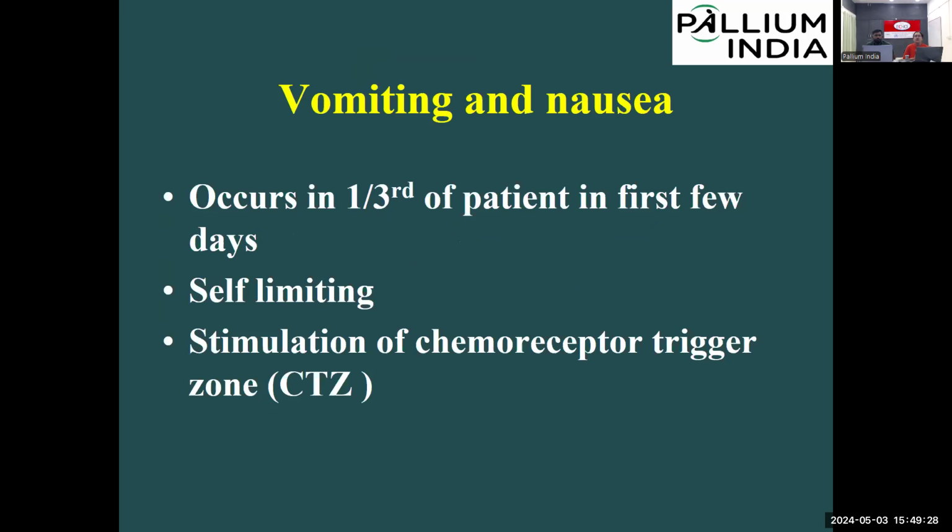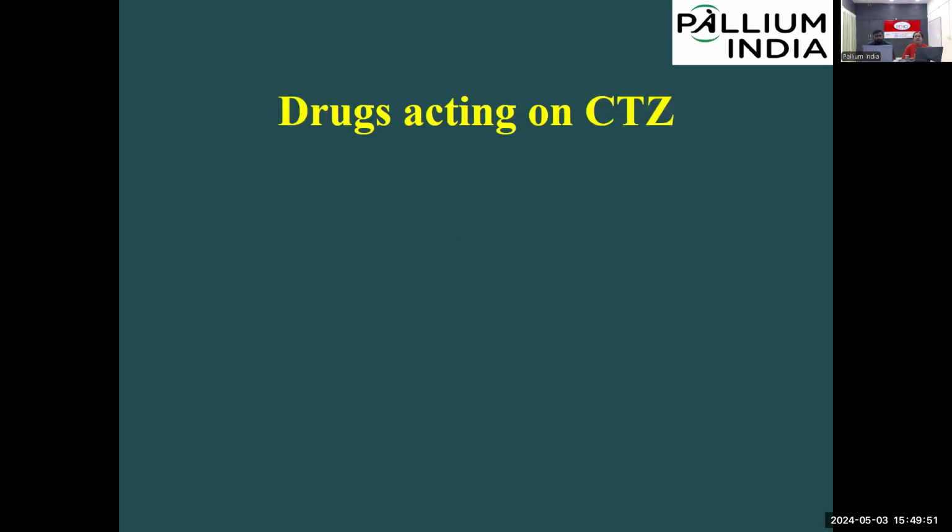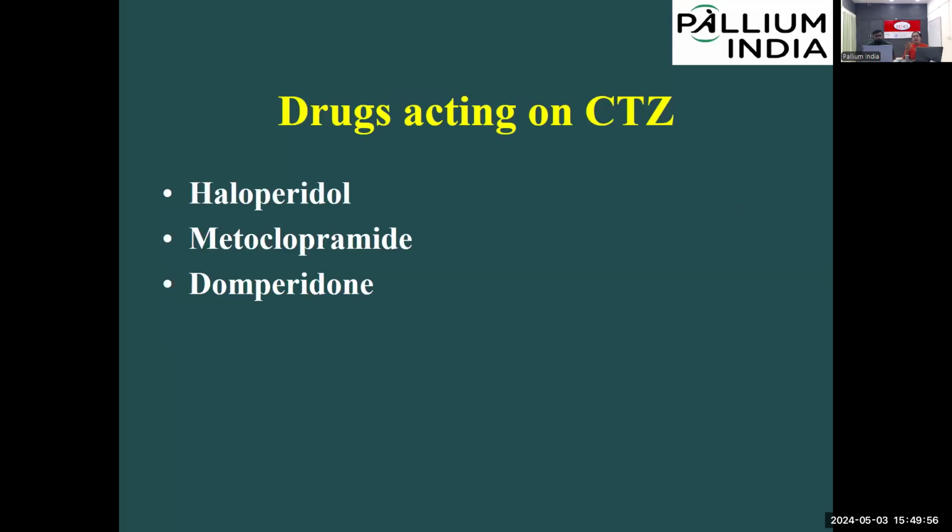The other side effect is, as you said, nausea and vomiting, which one third of the patients develop, but this is a self-limiting side effect. It is due to stimulation of the chemoreceptor trigger zone. After 2 to 3 days this emetic effect gets overcome. So when we start a patient on morphine, we prescribe antiemetics that act on the chemoreceptor trigger zone, like haloperidol, metoclopramide, or domperidone.